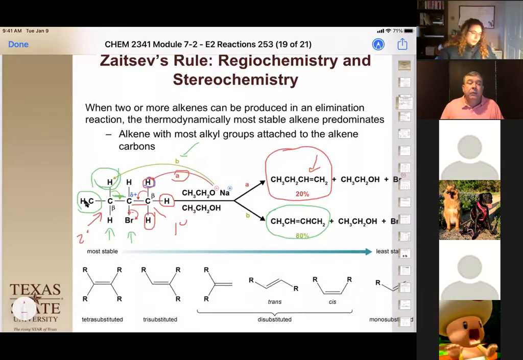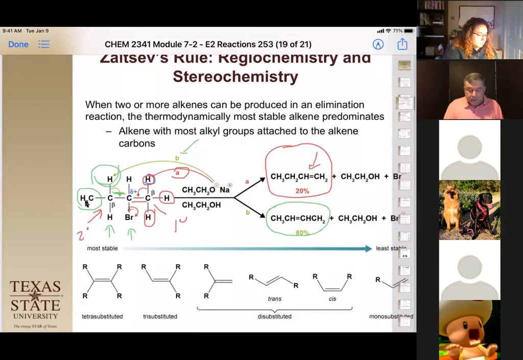It's going to try to remove one of those first. And then a minor product is going to be removing it from the lower priority, either the primary or the secondary. So that means our major product is going to be the more substituted alkene. In this case here, our alkene is di-substituted because we have a methyl group on each side.